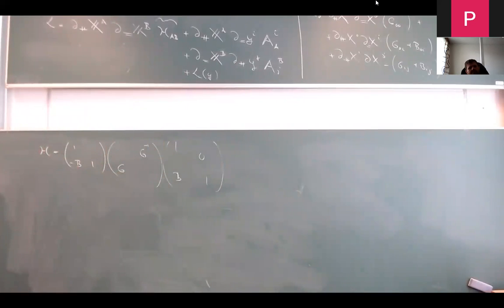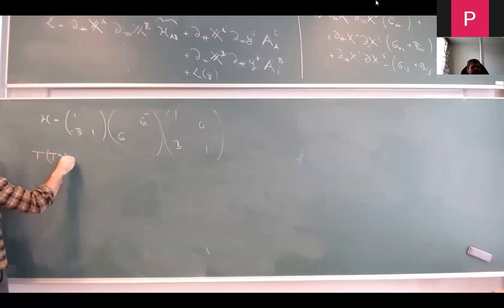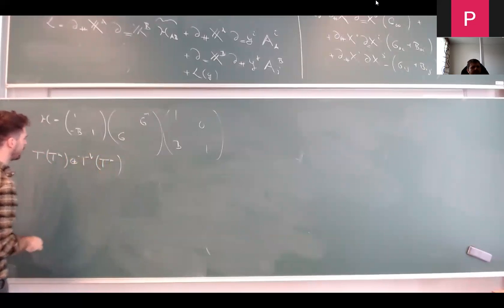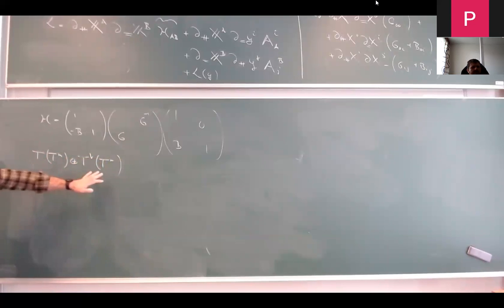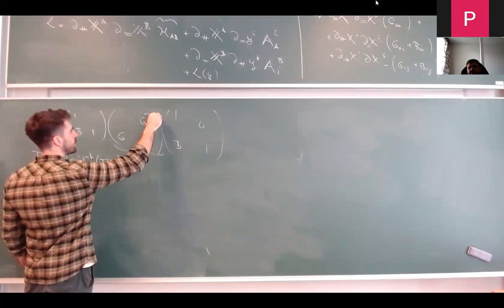It's this kind of object. If my fiber directions part was n-dimensional, this is a 2n by 2n matrix. It naturally acts on the sum of the tangent and dual space. So this is 2n by 2n.